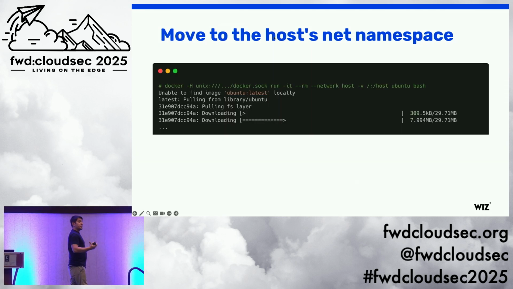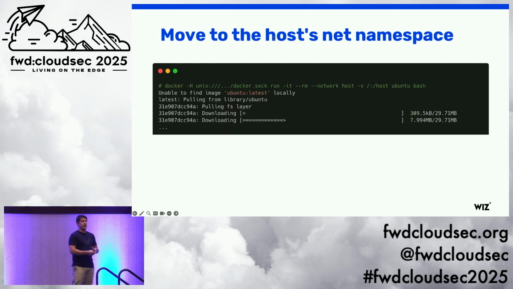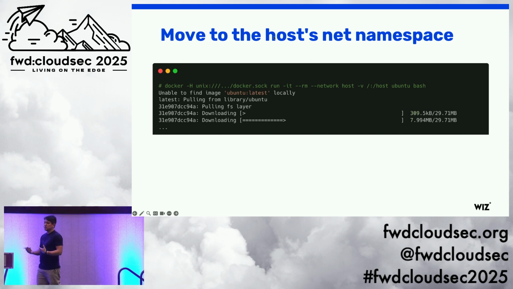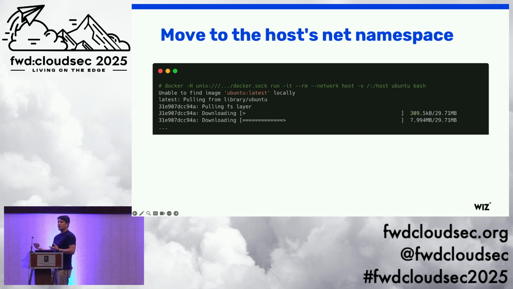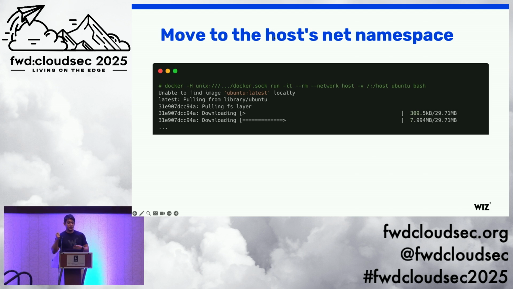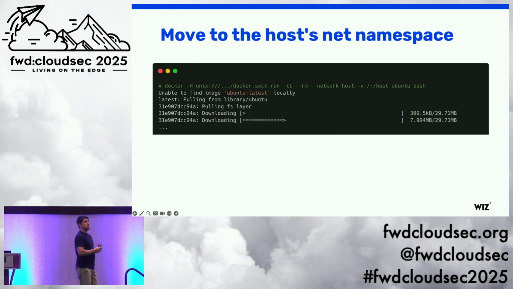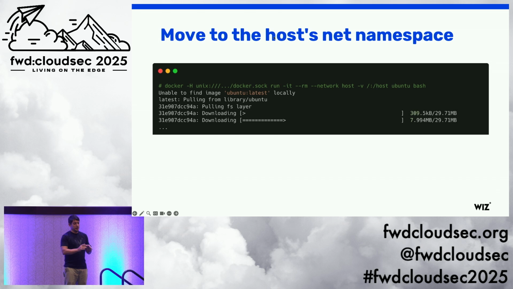But we really wanted to connect to the kube API. So we had access to the host file system, and because there was Docker sock, we could interact with that in order to create new containers. So we used the Docker CLI in order to create a new container in this host.